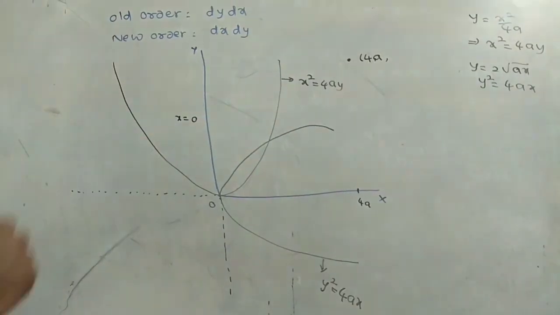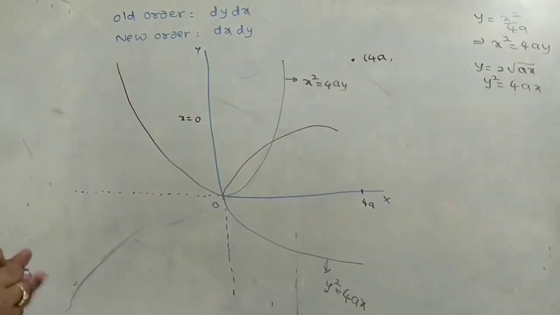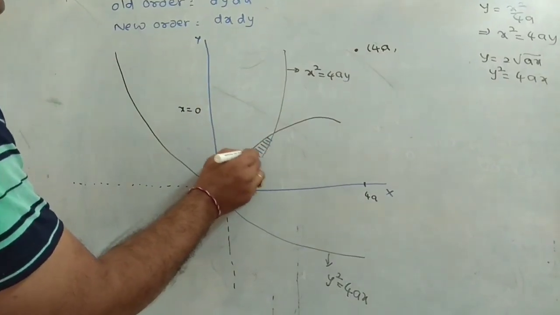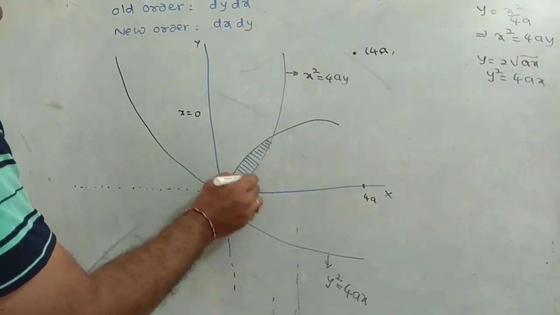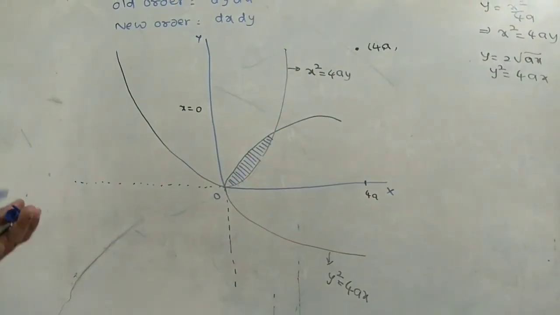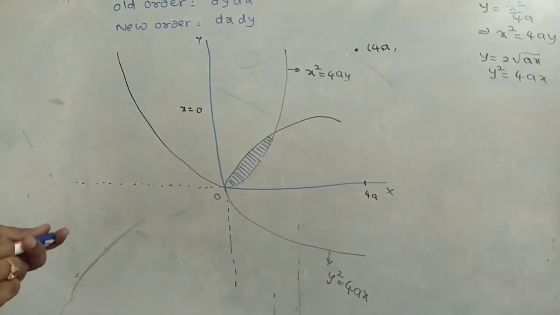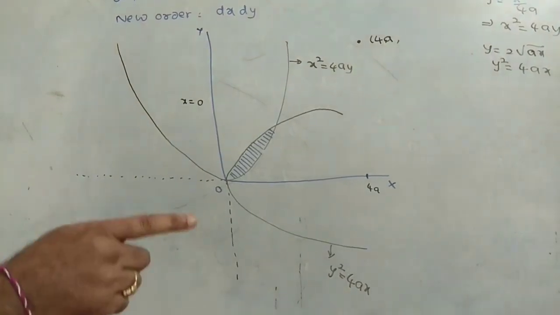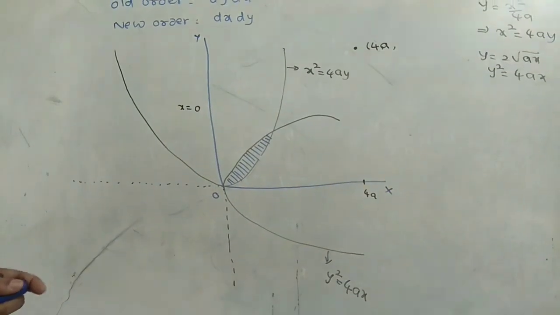After getting these particular curves, now think about the common area. Corresponding to these two parabola equations, what is the common area you are getting? This is the only common area here. Now in this common area, we should construct a strip. The strip should be parallel to the axis for which you are going to write the limits in terms of variables.